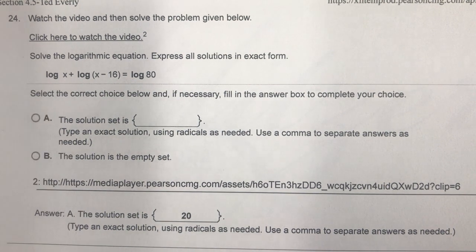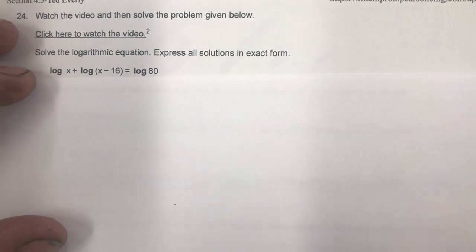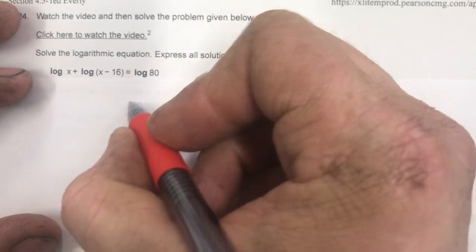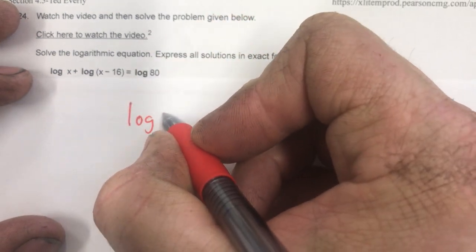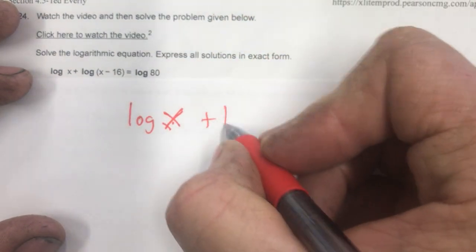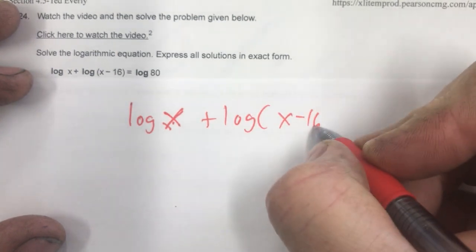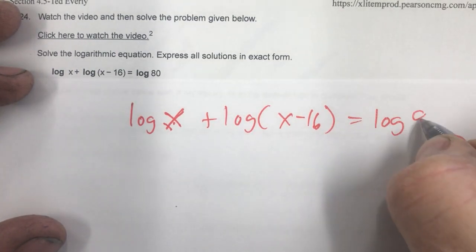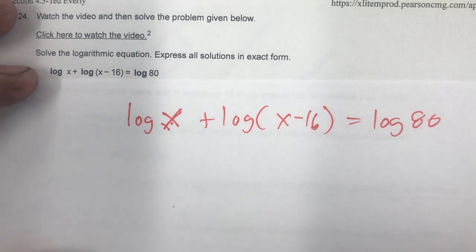Alright, so here we've got another one. Solve this equation right here. So we've got log of x plus log of x minus 16 equals log 80. I actually did one kind of like this just a minute ago.